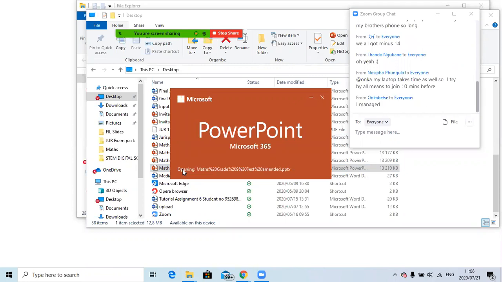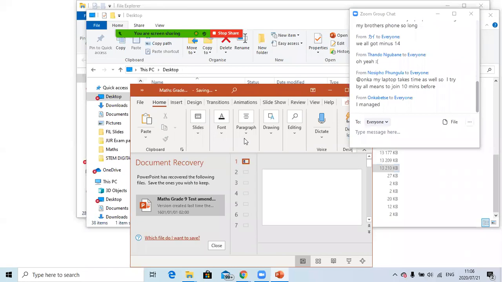I'm just going to maximize the screen shortly so that you can be able to see. Right, it was taking a bit long to show.